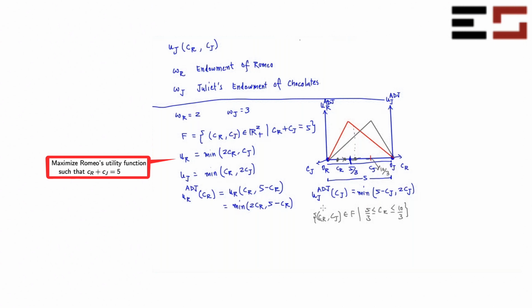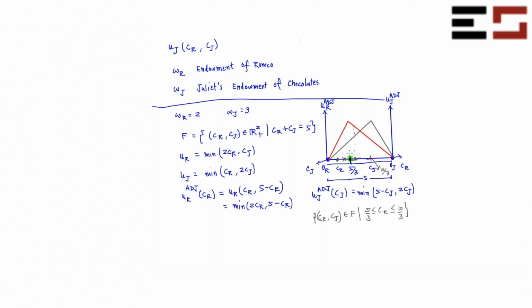Is that okay? Yes. Okay, so obviously this allocation is definitely going to be Pareto efficient, because any movement away from this allocation will definitely make Romeo worse off. You can ask the same question for Juliet.